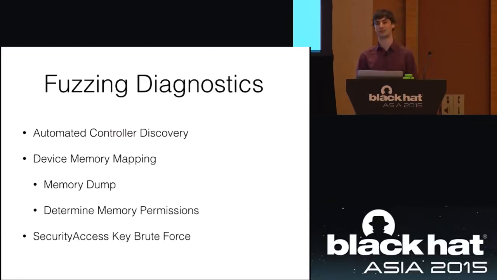You could request to do security access and figure out all the different security access levels, since they can have multiple levels. You can get all of those and really create a map of all the diagnostic features on the controller. And that's pretty much the starting point to playing around with this because once you know where you can look, you just start pulling stuff out.